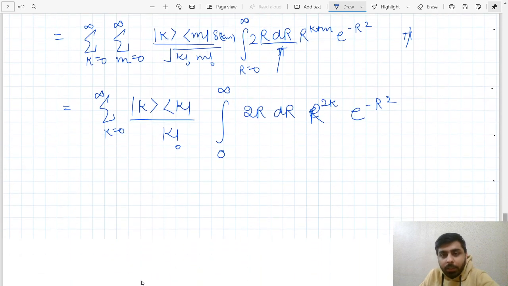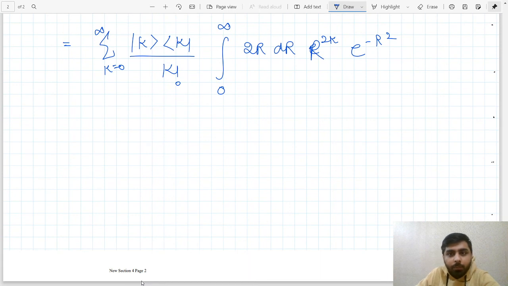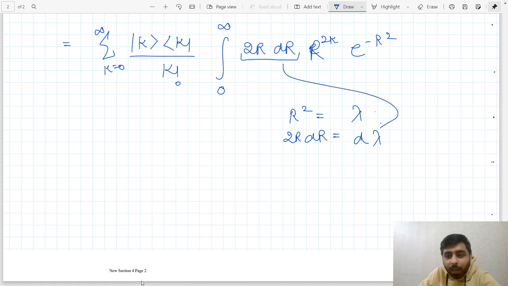And now we are going to make the standard substitution, which is r squared, let's say, is equal to lambda. So we get 2r dr equals d lambda. So this beautiful 2r dr will be directly replaced by d lambda, and r to the power 2k will be replaced by lambda to the power k, and this will be replaced by e to the power minus lambda.